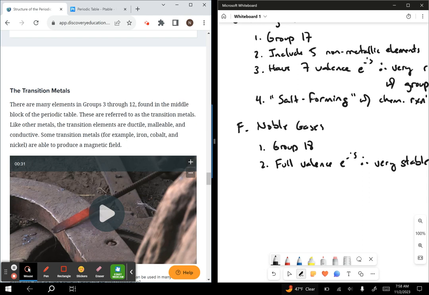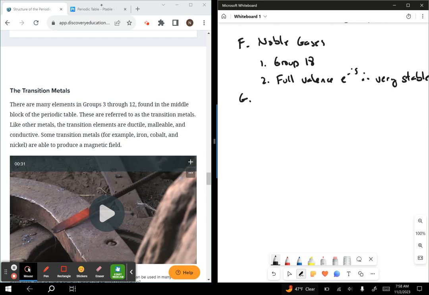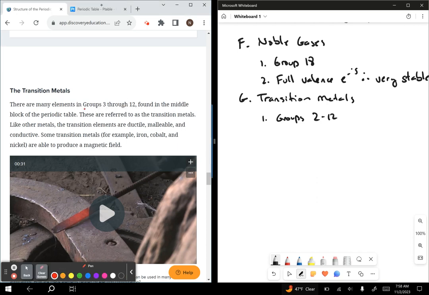So this is going to be letter G. Okay, and we're now talking about the transition metals. And these are going to be groups 3 through 12. Okay, they're found in the middle block of the periodic table.